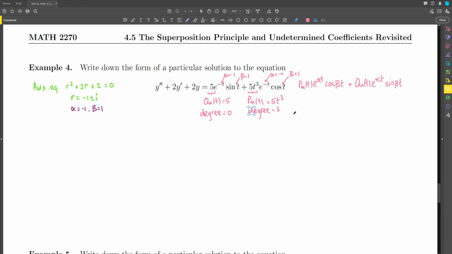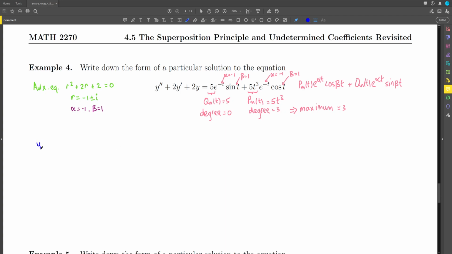So that means that the maximum of those two is 3, and that means that our particular solution will have a general polynomial of degree 3. So let's write that down.